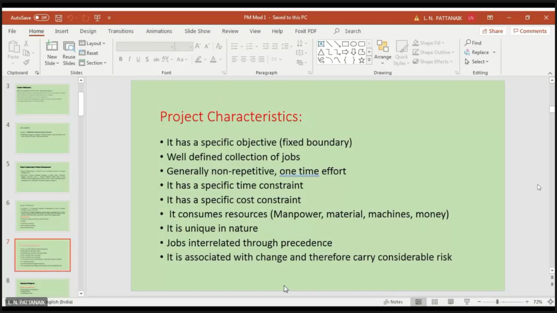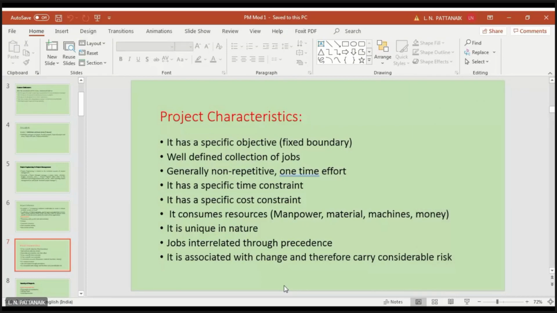Then building the walls, then maybe RCC structures, then the fittings and the plastering, the whitewashing. So you can break it down into several activities or jobs. It is applicable to any kind of project, be it an IT project or an infrastructure project. So it has a well-defined collection of jobs, right?